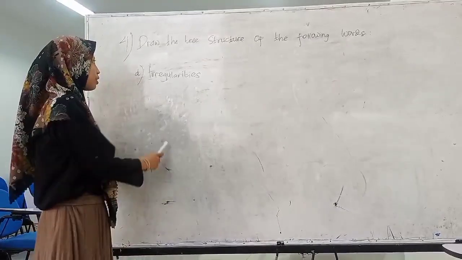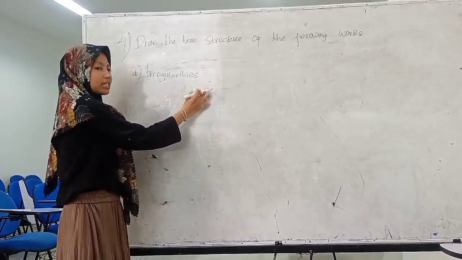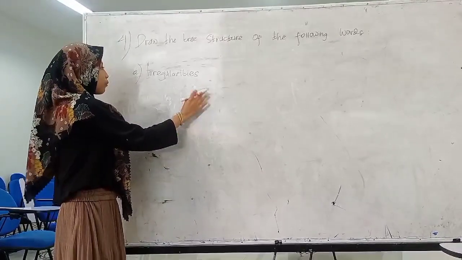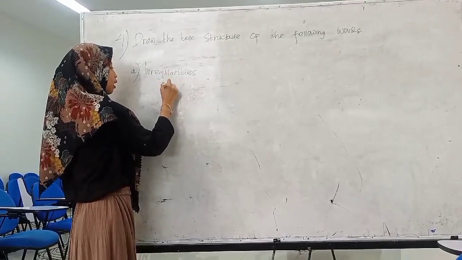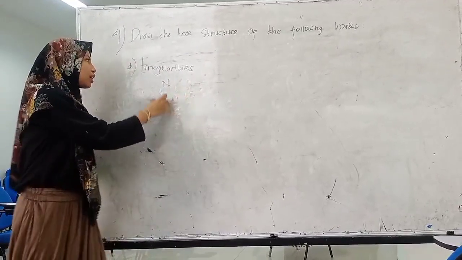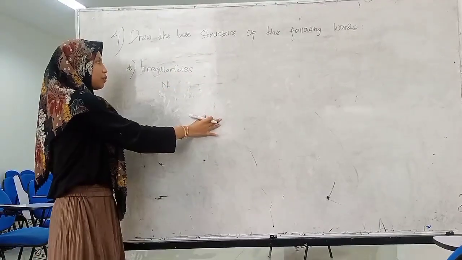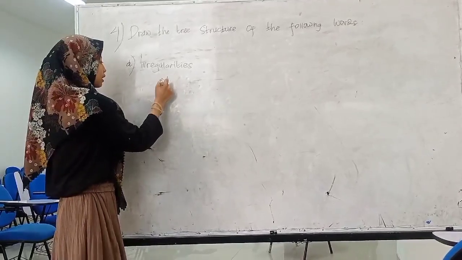Well, I will continue the material. The next material is irregularities. The first one, irregularities, part of speech is a noun, and before that I will explain that irregularities can be broken down into two types. The first type is a noun.